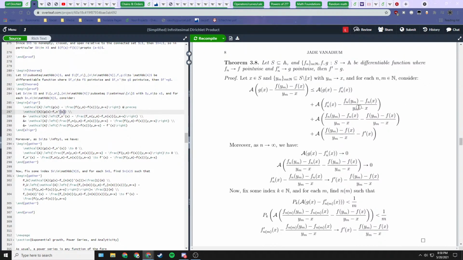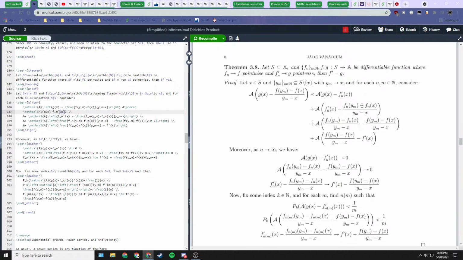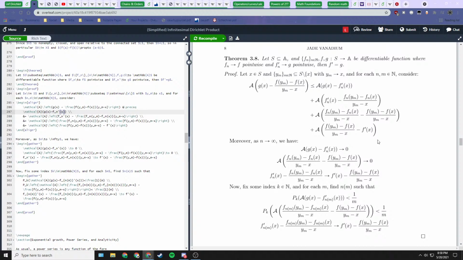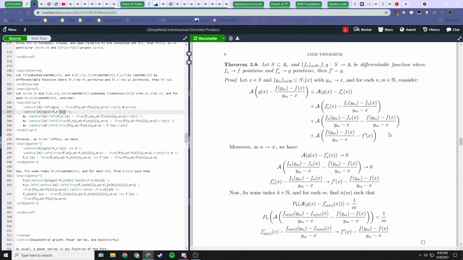We want to show, maybe we just have to do this the long and ugly way.